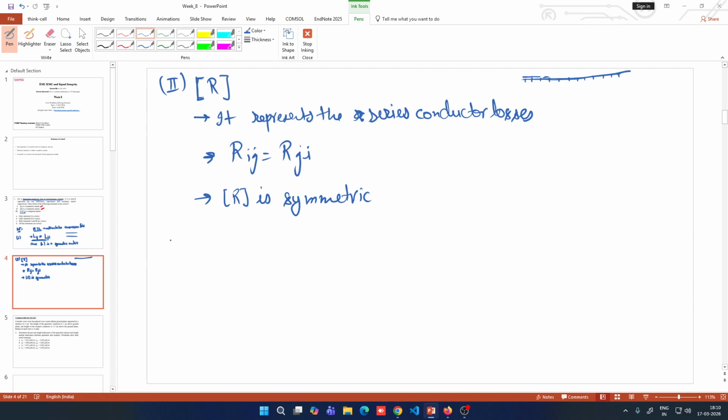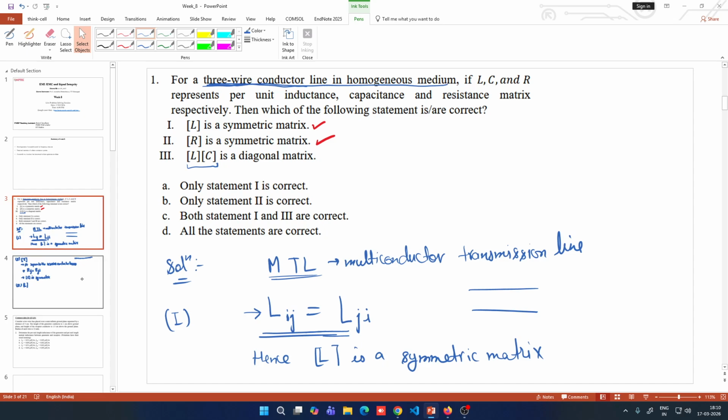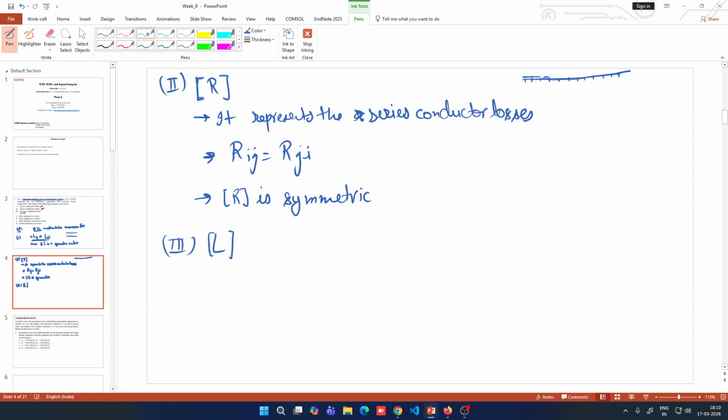So statement 2 is also correct, and statement 3 states that the product of matrices L and C is diagonal.